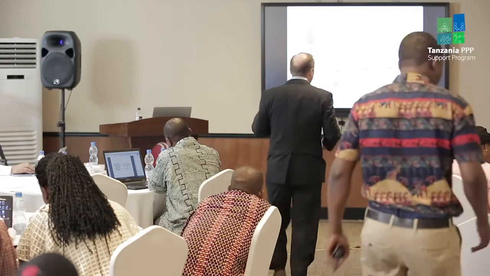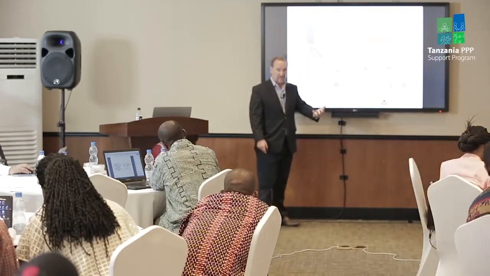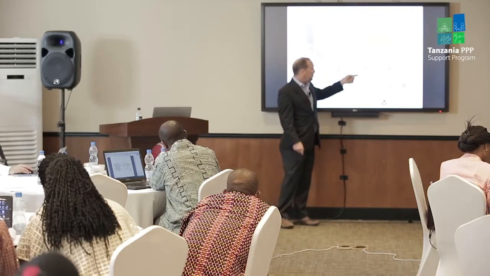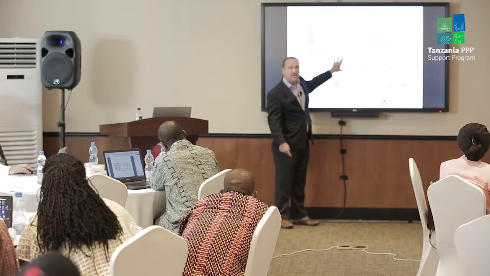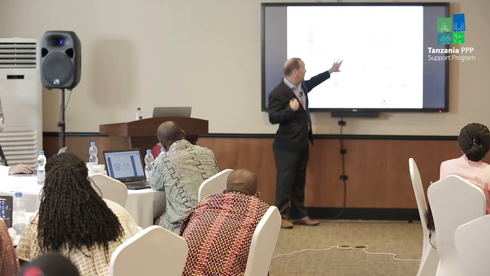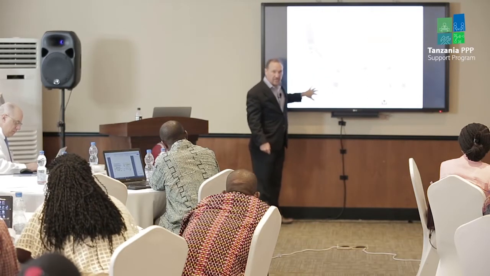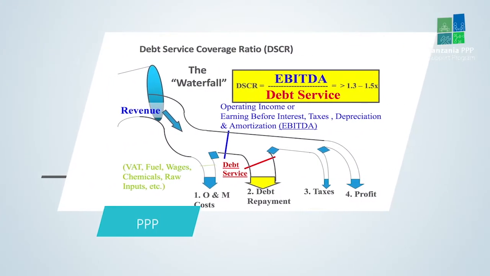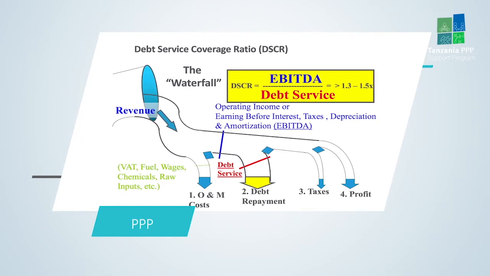So lenders will oftentimes look at, if they're expecting to be repaid from the future cash flows, tell me the ratio of how much cash is available to pay debt service. That would be right here. Show me your revenues and show me your operating and maintenance costs. After you have paid your operating and maintenance costs, how much cash flow is available here to pay each shilling or dollar or unit of debt service here?